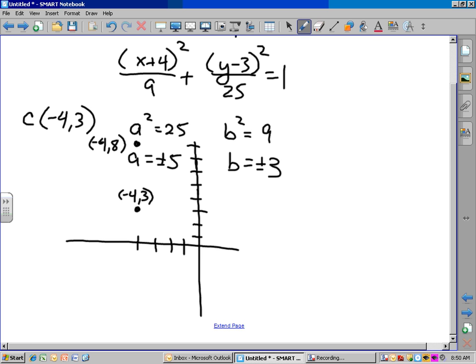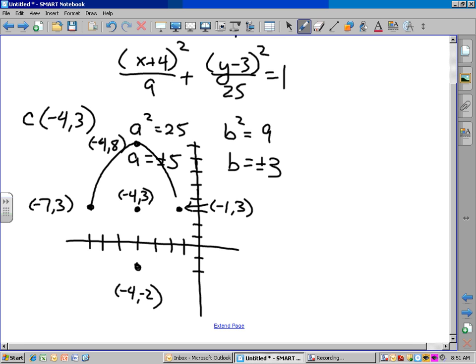Add 5. Subtract 5 to go down. 1, 2, 3, 4, 5. So it's going to be negative 4, negative 2. Now, the minor, I'm going to add and subtract 3 to the x. Negative 1, 3. Negative 7, 3. So let's label these.